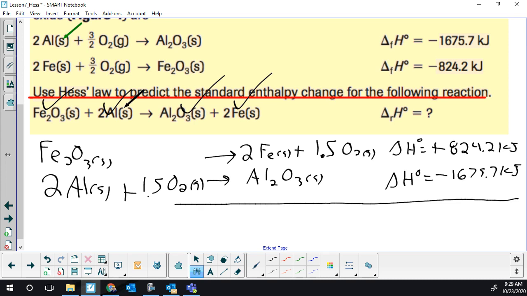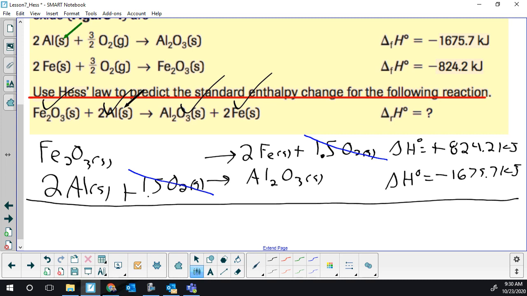This should cancel and work out for me. Same as in balancing, you normally balance most elements and the last one just works out for you. You get the same thing in Hess. You find 3 of the 4 pieces and the last one just comes with the last piece. I can cancel anything on both sides. I've got 1.5 oxygen reactant, 1.5 oxygen product. I can cancel those out.